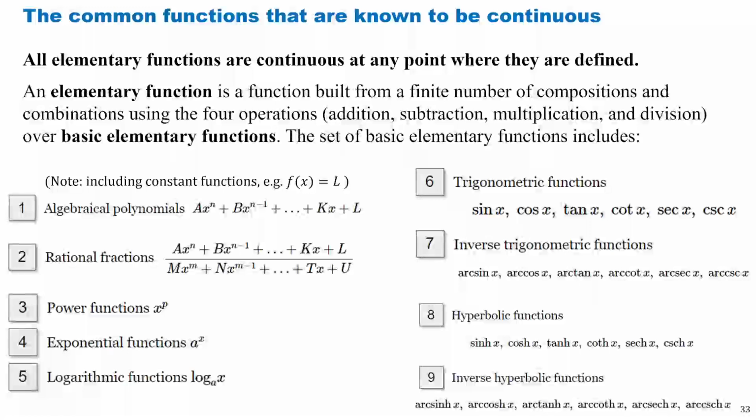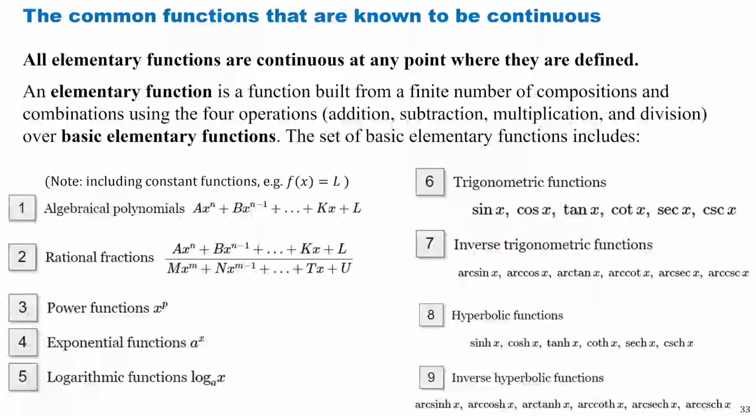An elementary function is a function built from a finite number of compositions and combinations using four operations, namely addition, subtraction, multiplication, and division, over basic elementary functions. And also we have the following functions which are basic elementary functions. You can have a look at that by yourself, okay?